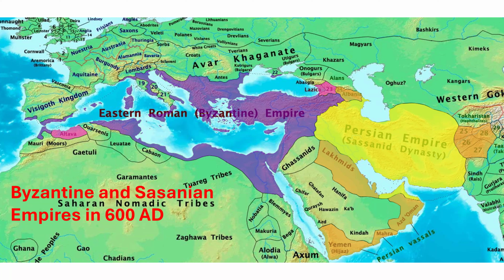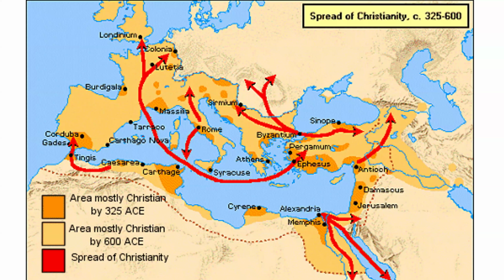But until that time, Christianity spread rapidly. I found this map that just shows the darker colors are where Christianity predominated by 325 AD, when Constantine legalized Christianity. Up until that time, it was really not necessarily protected, but Constantine legalized it.